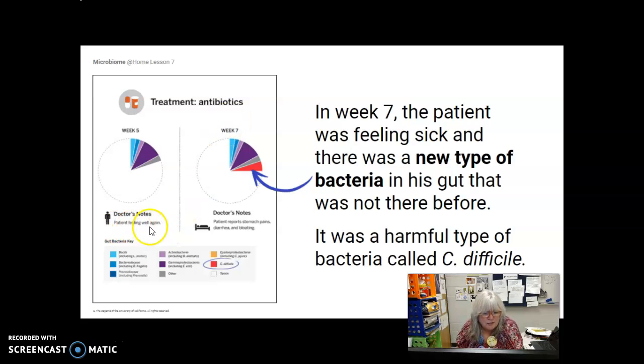So here the patient is feeling well, took the antibiotic, and now we have a new type of bacteria. And if we look here at this key, we can see this new bacteria that shows up as red. This harmful type of bacteria is called C. difficile.